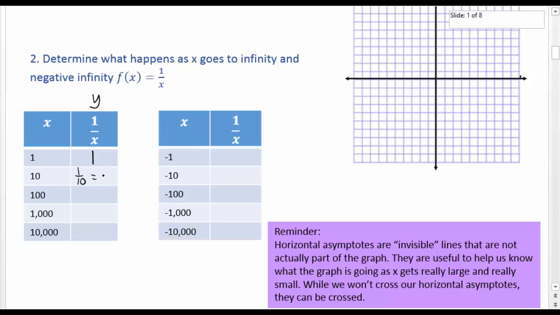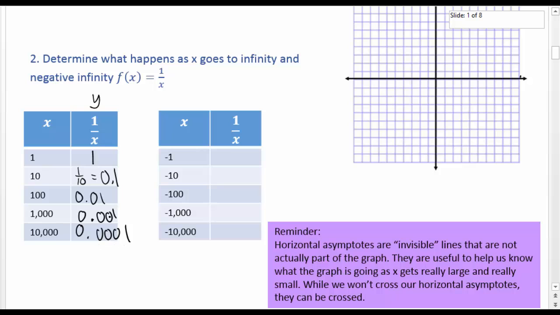We can write this in decimal form as 0.1. When we plug in 100, we're going to have 1 over 100, or 0.01. When we plug in 1,000, 1 over 1,000 is going to be 1/1000th, or 0.001. And when we plug in 10,000, we're going to have 1/10,000th, or 0.0001.